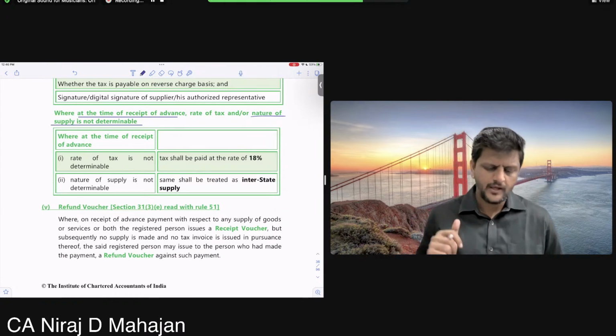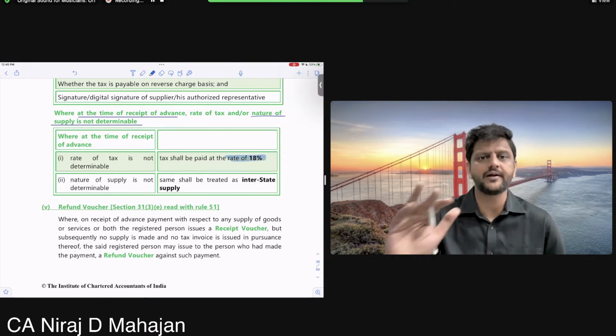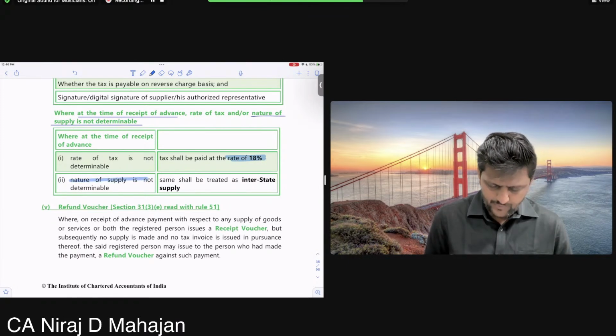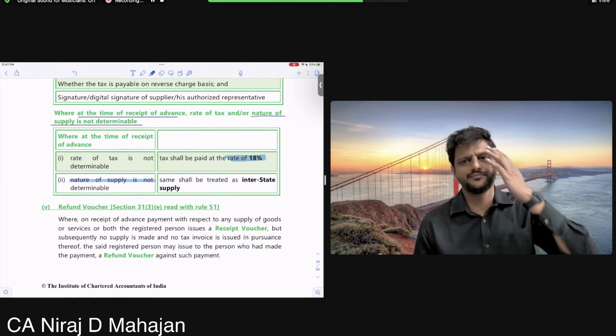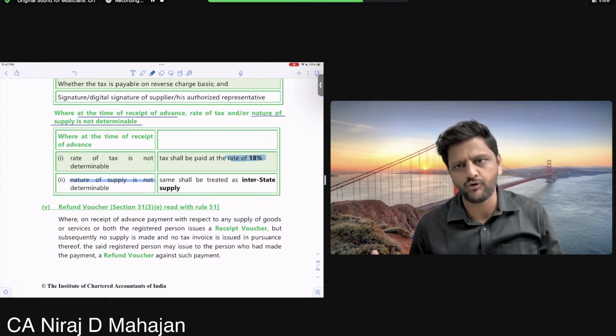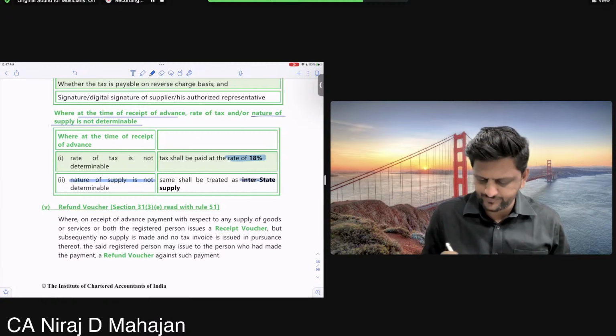So the rate of tax is not determinable, so right now we take it as 18%. And if the nature is not determinable, whether it is going to be intra or inter, not yet decided by the customer where the supply will be made, we will take it as interstate supply.